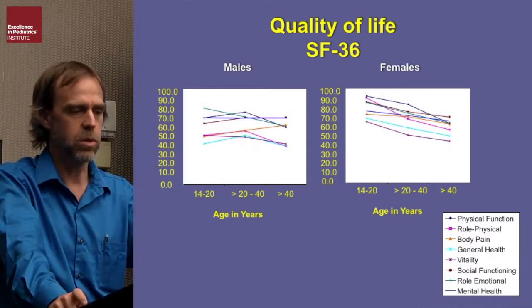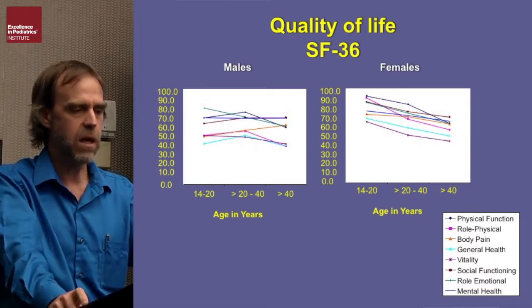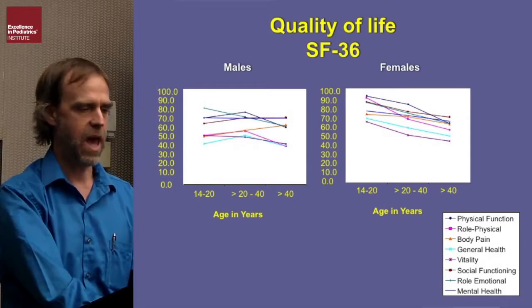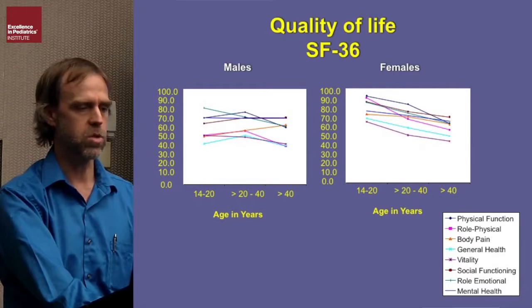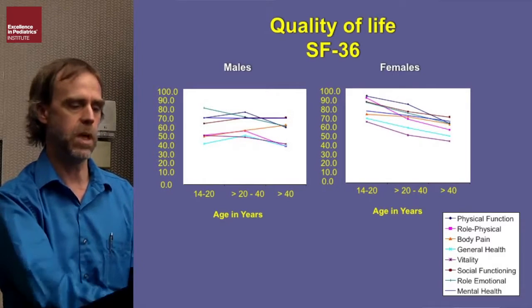And what you will note is that even at age 14, in the males, you already have relatively low scores. Normal scores would be up in this range, around 90 to 100, and lower scores are seen in all of the categories in males.